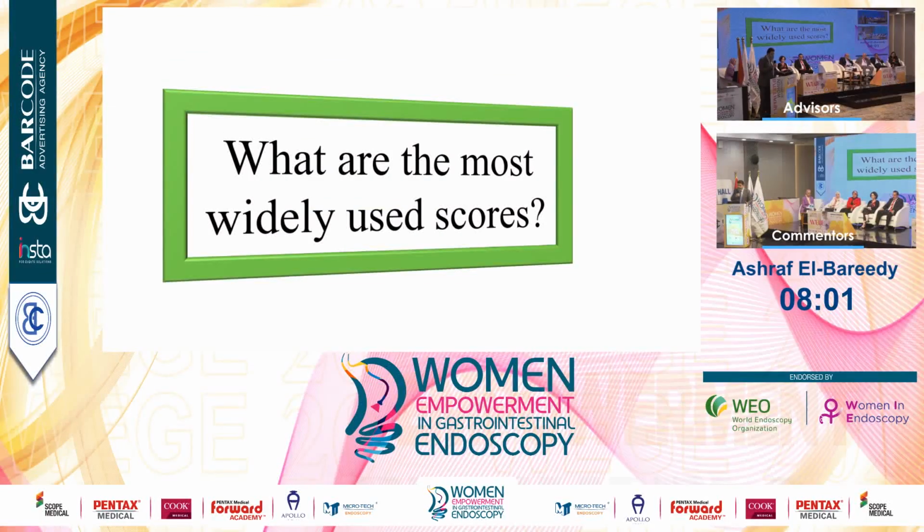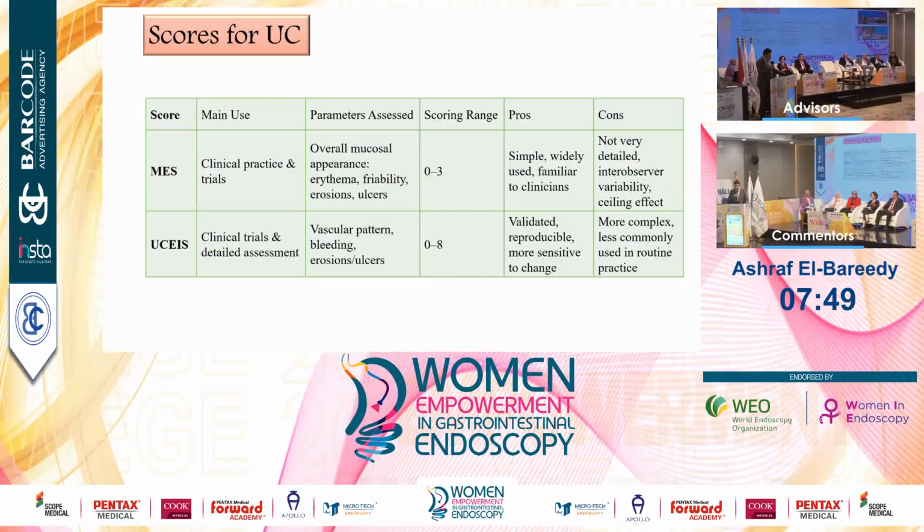I think, and you can correct me, that there are more than 15 endoscopic scoring systems for IBD patients, but I'm going to highlight the most widely used endoscopic scores in ulcerative colitis and Crohn's disease. For ulcerative colitis, the Mayo endoscopic score and the Ulcerative Colitis Endoscopic Index of Severity are the most widely used scores.